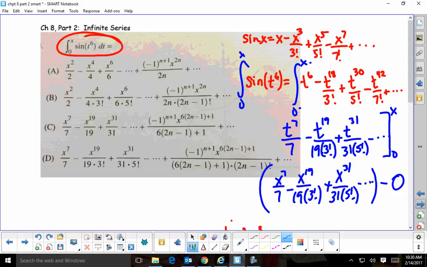D. Who wants to try to write that? First few terms, right? So again, an AP question. Start with the basic, then move forward.